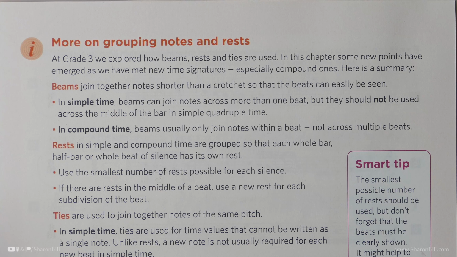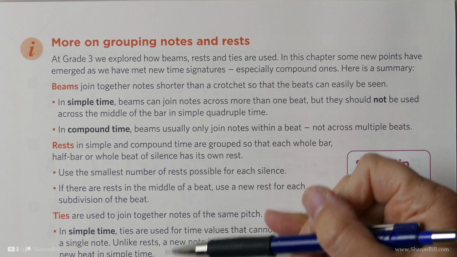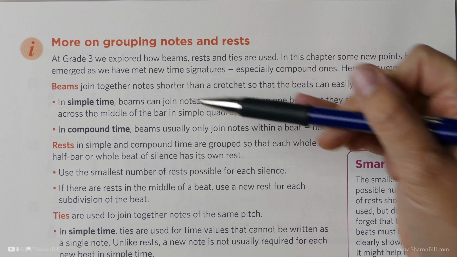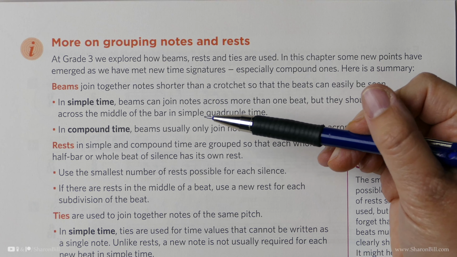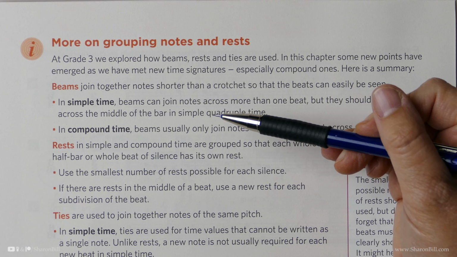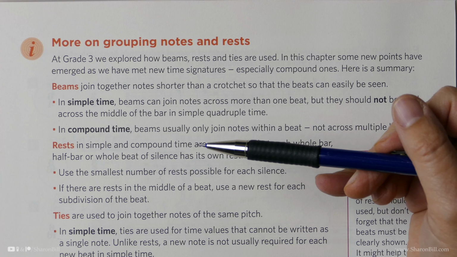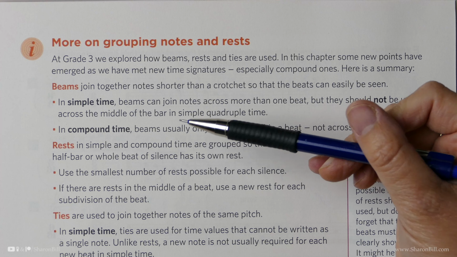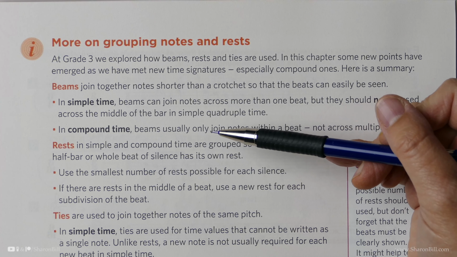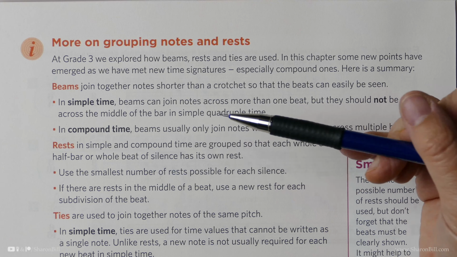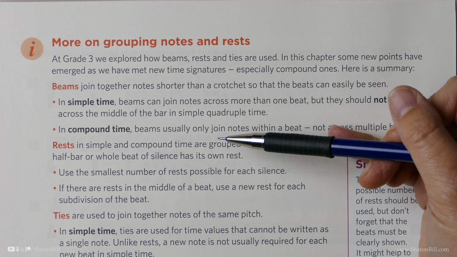We press on now to page 14 of the Grade 4 Discovering Music Theory workbook, and we're looking at grouping notes and rests. Basically, if you read through all of the information here, each new beat requires a new rest, and we join and beam things together, or we write notes in such a way that we can clearly see where each new beat starts, whether that's crotchet beats or dotted crotchet beats.